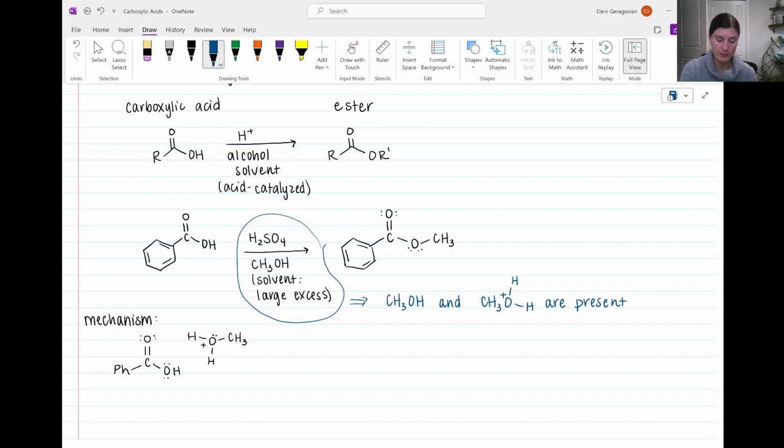Okay, so we'll use both of them throughout the mechanism. For the first step, when we are protonating the carbonyl oxygen, we use protonated methanol because that is a better proton donor. All right, so we activate the carbonyl.